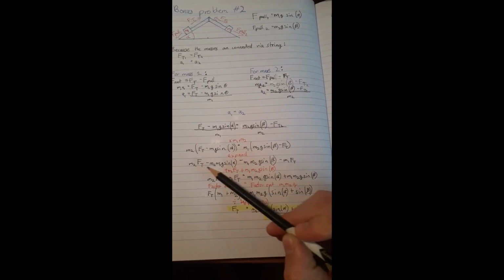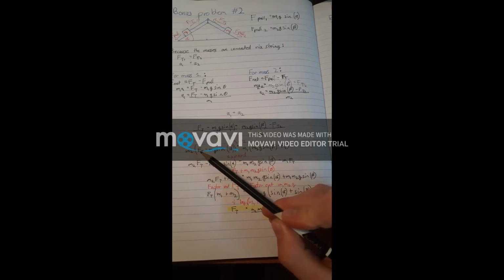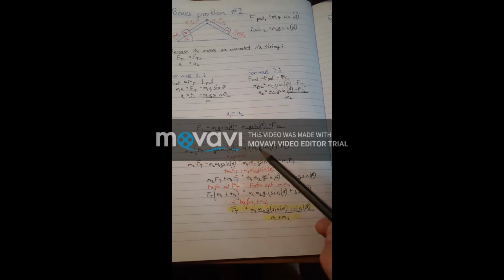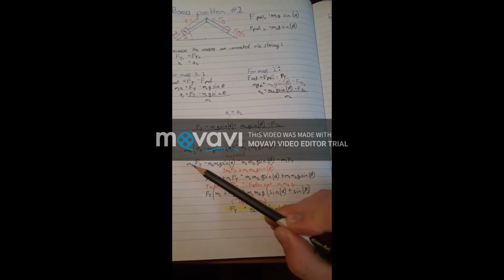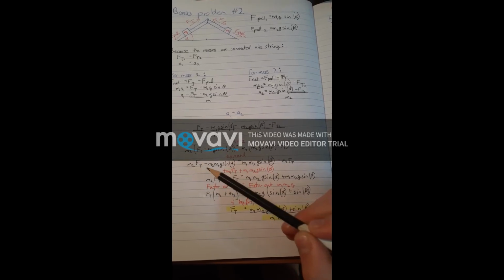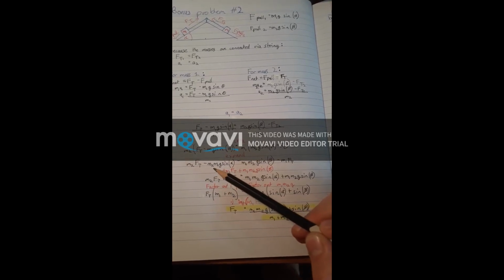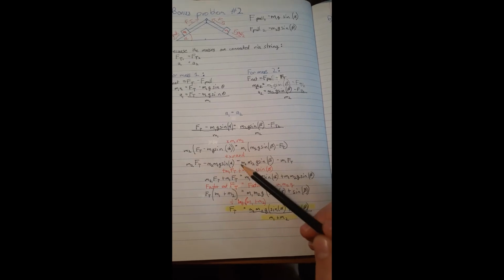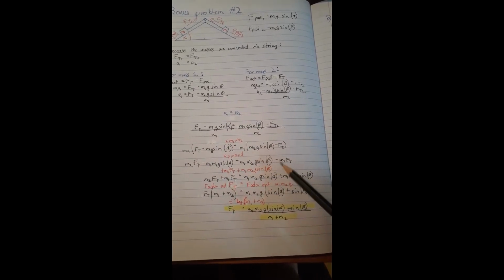Now if you expand these out, m2 times the force of tension minus m2 m1 g sine of alpha is equal to m1 m2 g sine of beta minus m1 times the force of tension.